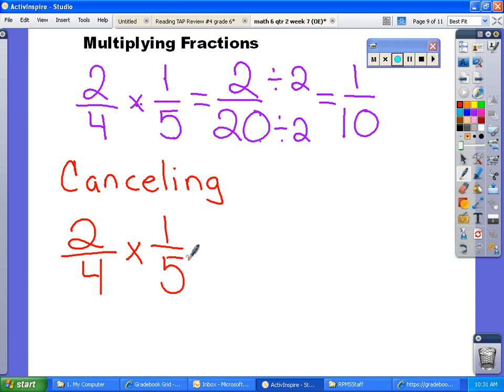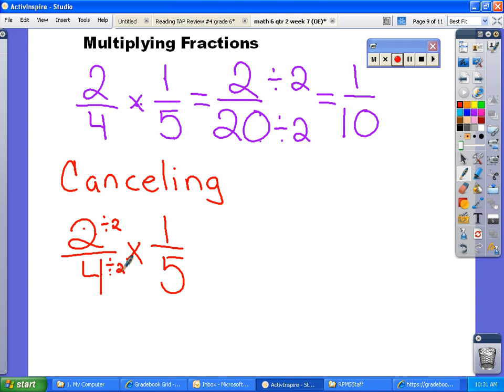In canceling, you need to find any numerator and denominator that have a common factor. It could be top and bottom, or it could be diagonal. For this one, I see that the number 2 is in the numerator, the number 4 is in the denominator. Those two have a common factor of 2. So I'm going to divide both the top and bottom number by 2.